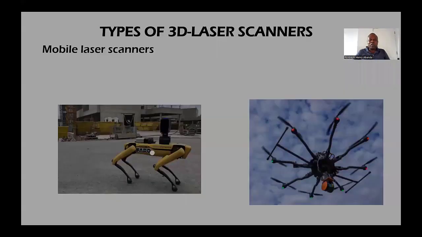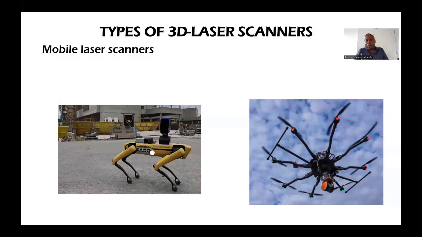Then you also have mobile laser scanners. Take note of the word mobile here. It's a bit confusing with the last category of scanners. Here, literally, we're saying that the scanner is mounted on an object that is moving, such as a robot or a drone.